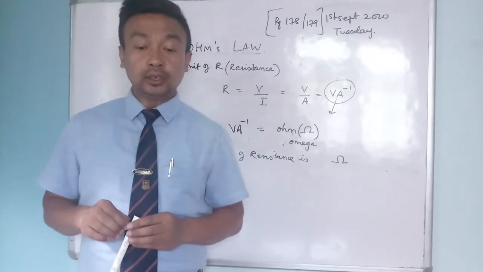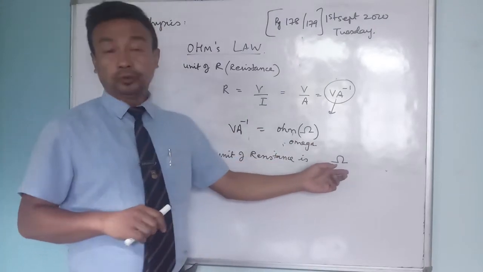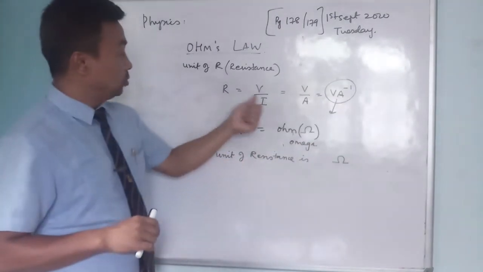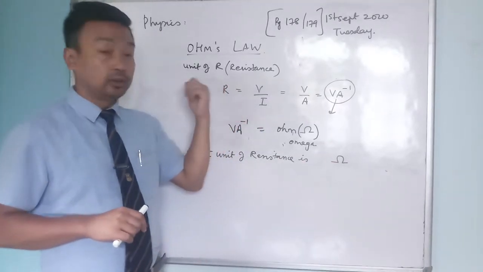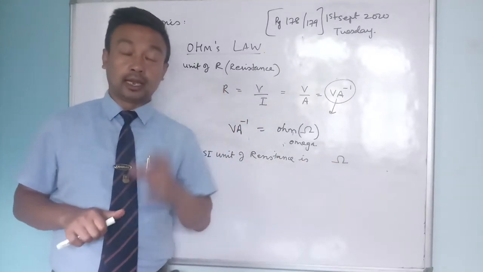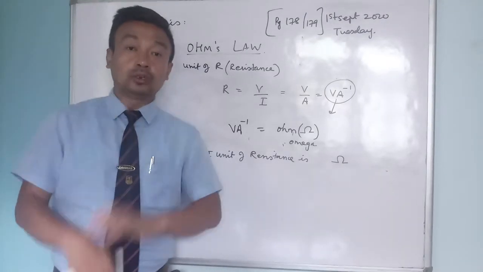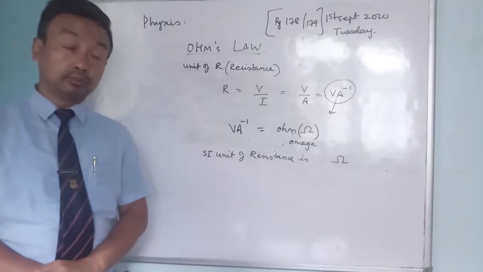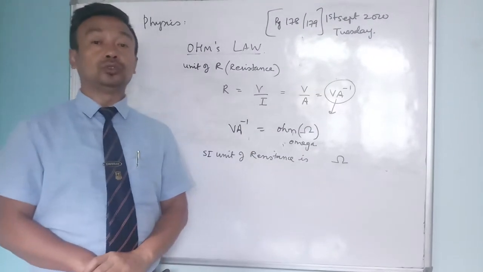So how do we define the Ohm? Suppose it is asked, define Ohm. Ohm is defined as the resistance of a conductor when 1 volt of the potential difference is applied across its ends and a current of 1 ampere flows through it.